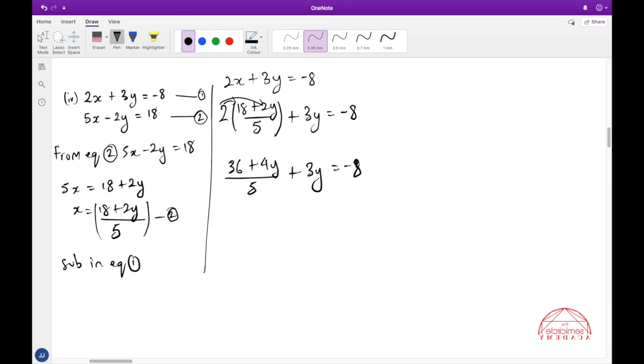I'll have to split the fractions. Thankfully, because of the choice that we made to use equation 2, we don't have any negatives to deal with. So I now have 36 over 5 plus 4 over 5y plus 3y is equal to negative 8.